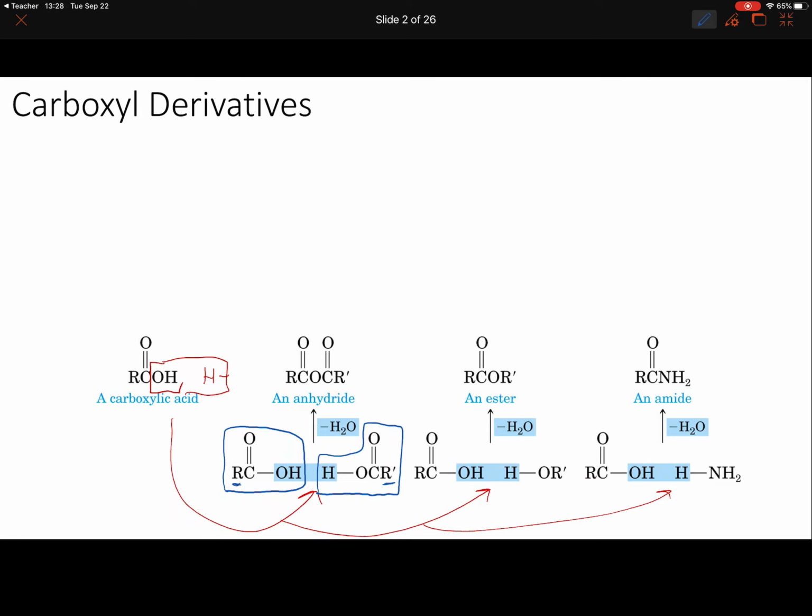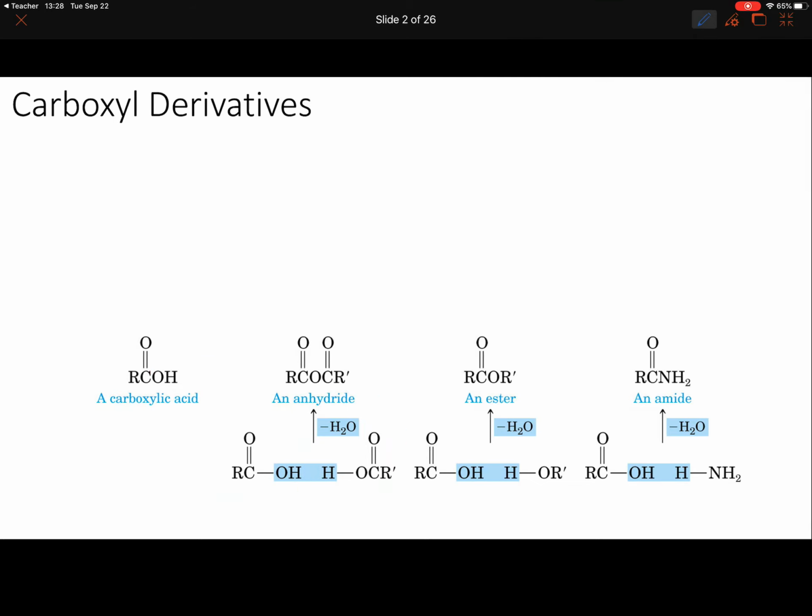This could also be formic acid, or it could be something different. But they both have that carbonyl, the C double bond O, and they both have an OH attached to that C double bond O. Now the reason it's not shown the same on both sides is because one of these is going to keep its O while the other is going to lose its O, but that's what forms the water molecule here.